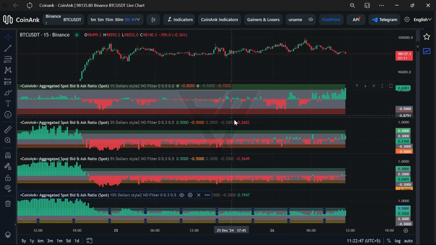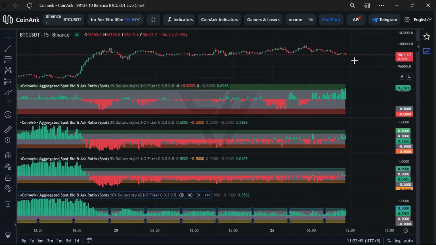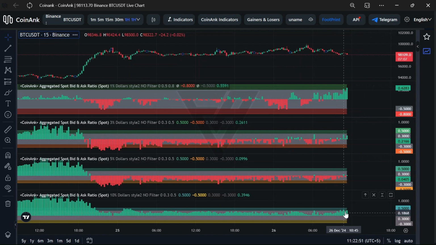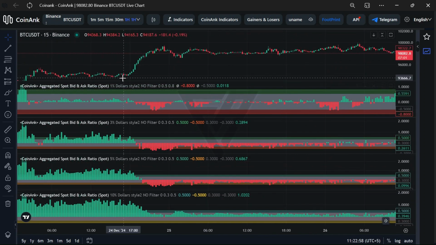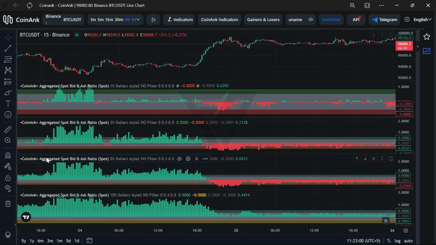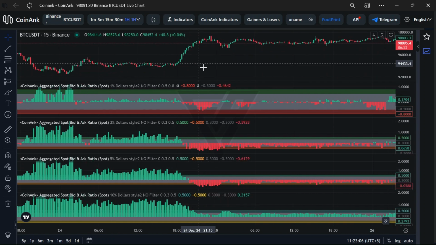The more extreme these bars are, the stronger the supply and demand. Here let me give you an example of extreme demand. Here you can see all ratios showing strong demand, and price bounced from that zone. After that, demand decreased in price, and it formed a range.